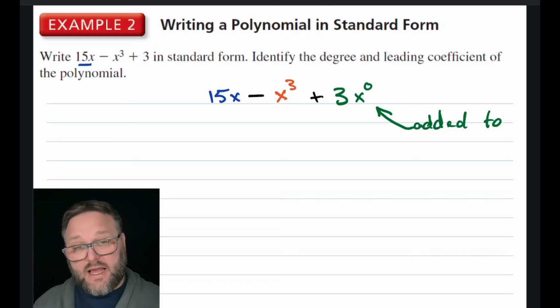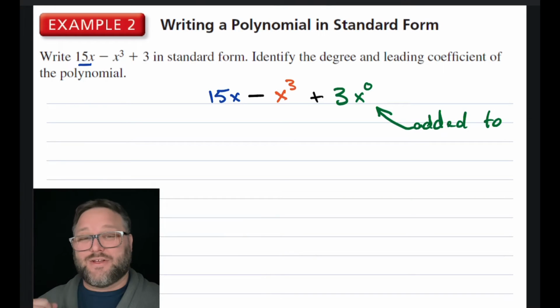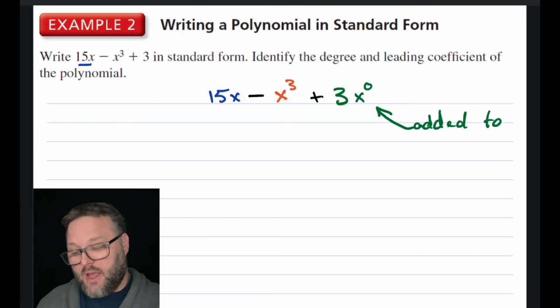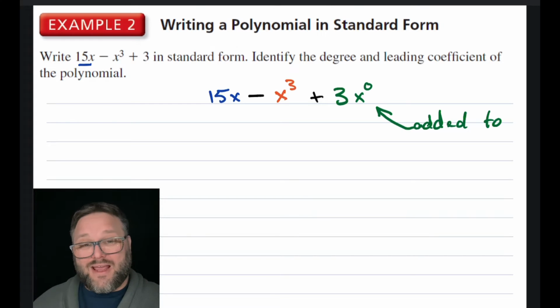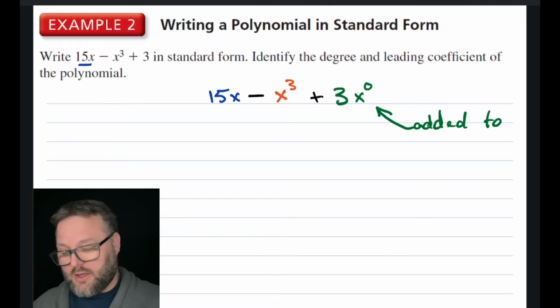So 15x in blue is one monomial. Then negative x to the third is actually the second monomial, and positive 3x to the 0 is the third. Now, we didn't have that last one to begin with. I actually added it to hopefully show that it makes sense what we're doing.